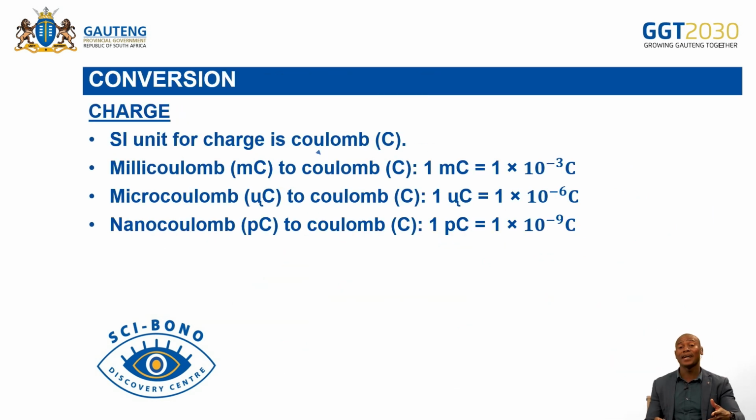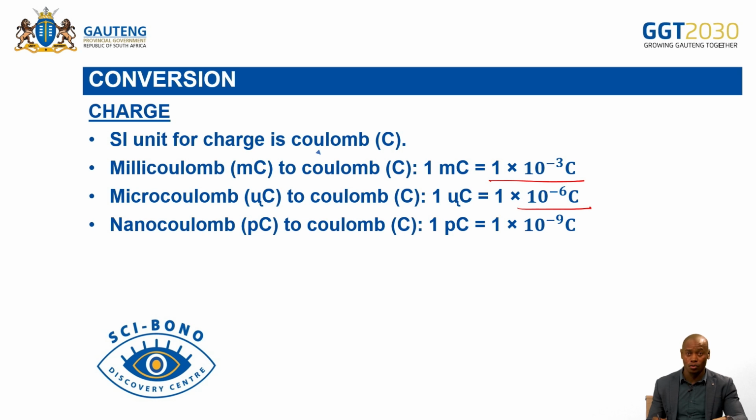Just a reminder again of what we did the previous 2 weeks. Make sure that you are able to convert, because when it comes to these equations, your Q should be in coulombs. I hope you still remember how to convert from millicoulombs to coulombs. You multiply by 10 to the power negative 3. From microcoulombs to coulombs, multiply by 10 to the power negative 6.